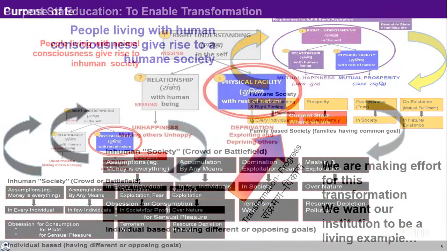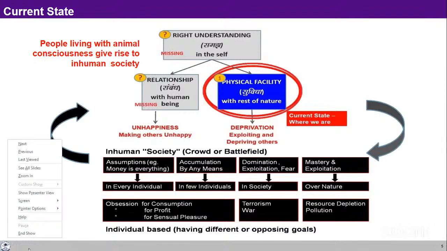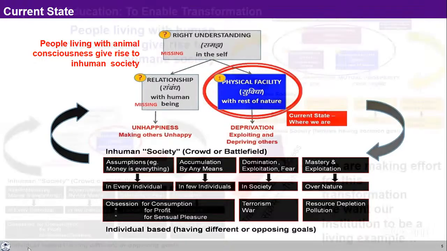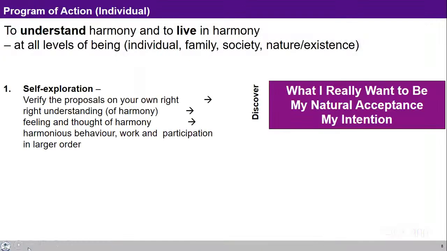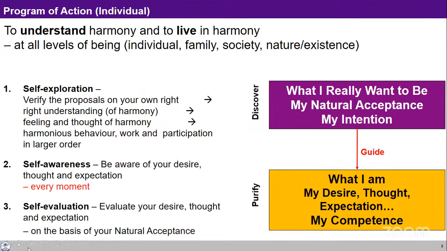So what can be done? What has to be done? What is the program of action for this transformation? It's a three-step process, starting with self-exploration, self-awareness, and self-evaluation. In the very beginning, we discussed this gap: what I really want to be, my natural acceptance, my intention, and what is my state of being.